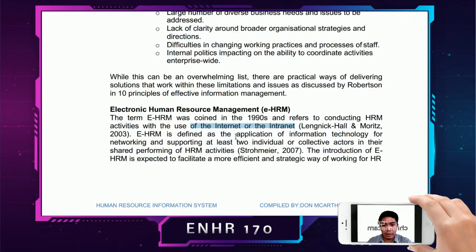And also, it is the application of information technology for networking and supporting at least two individual or collective actors in their shared performing of HRM activities. So it's more of using technology dun sa paggamit or pag-facilitate ng mga different HR activities.